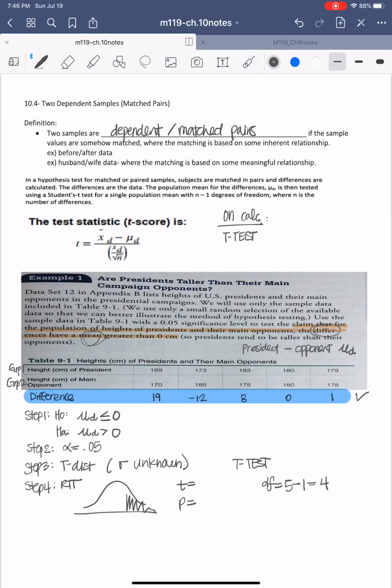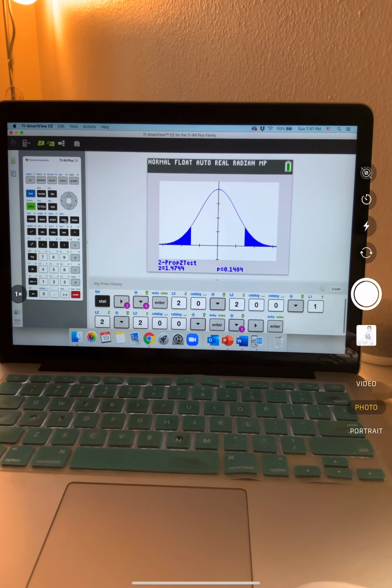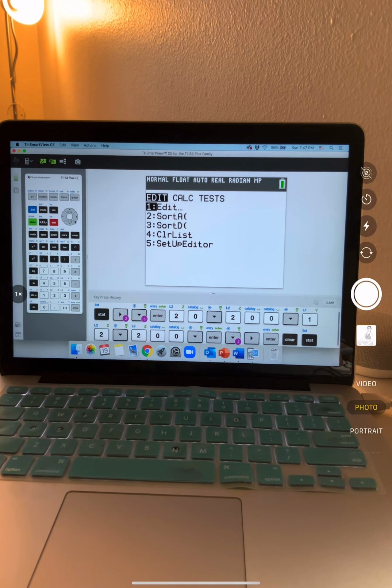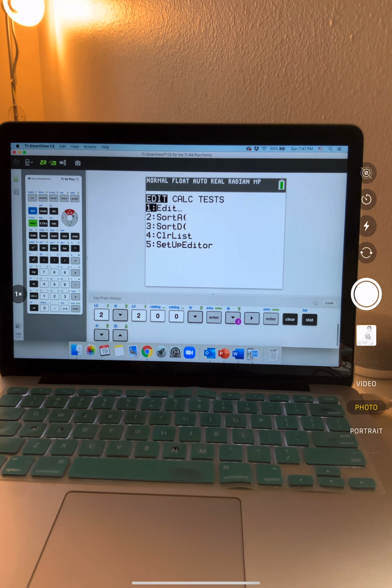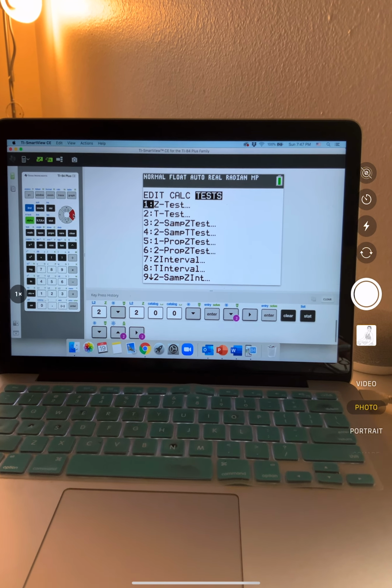So you have t of degree of freedom 4. Okay. So let's pull out the calculator, get our t and then p value. T-test.